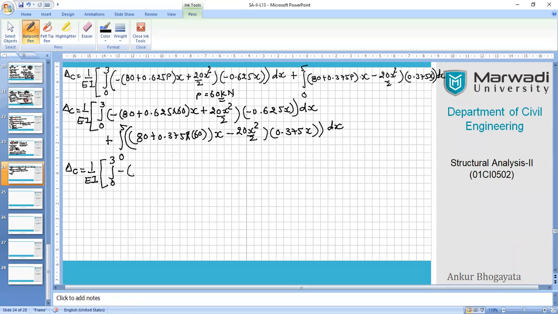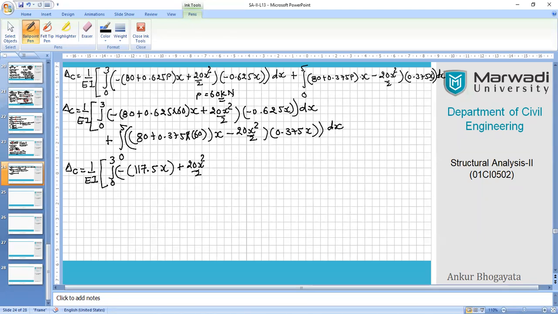So still it is positive, so 117.5 times x. See how it has become simple in nature. So 20x squared by 2.